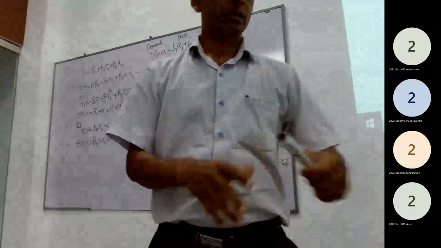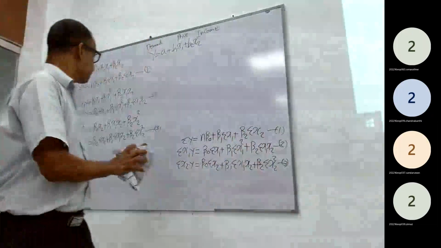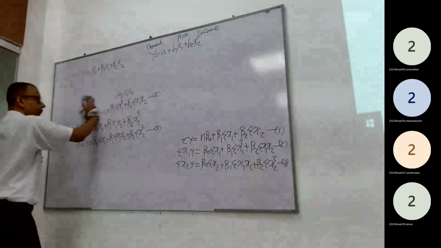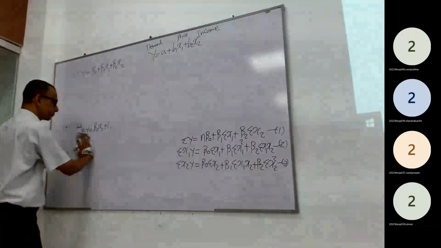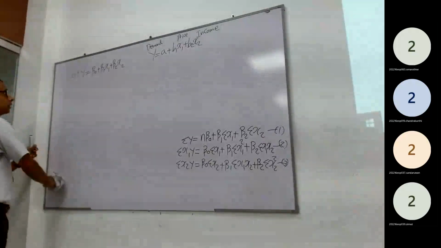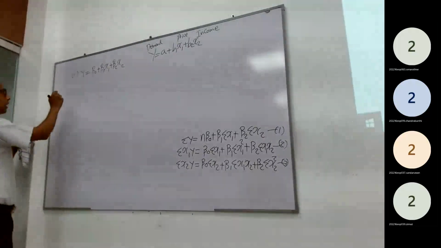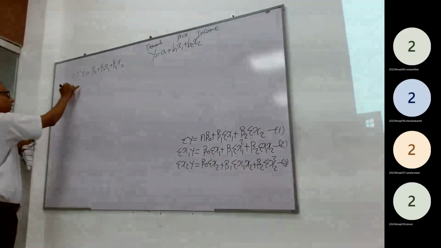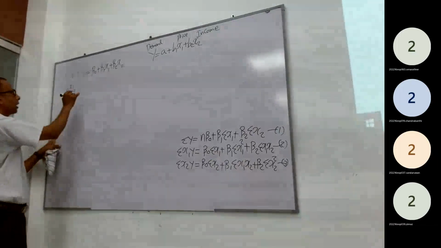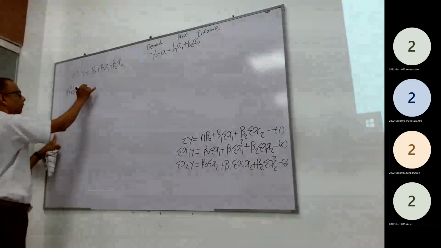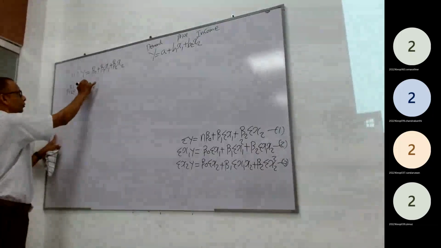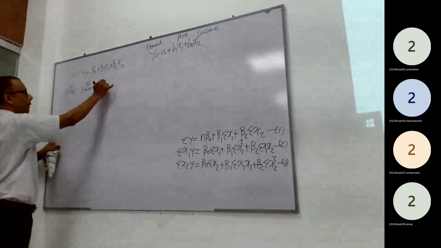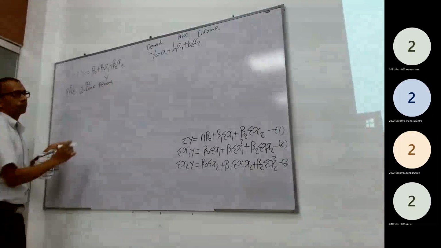Right, these three equations I got separately because I want to take my data set here. From the data set, I take price as x1, income as x2, and demand as y.